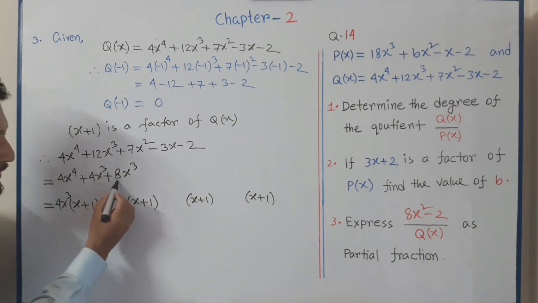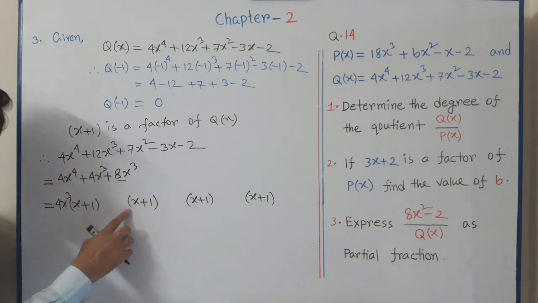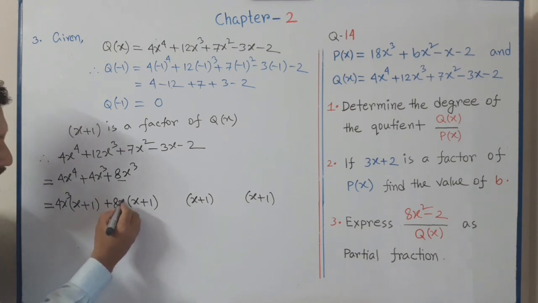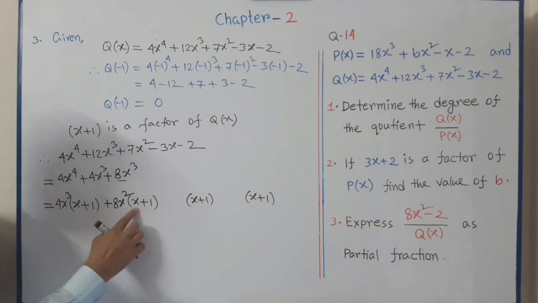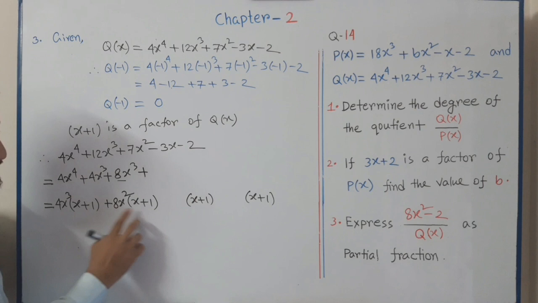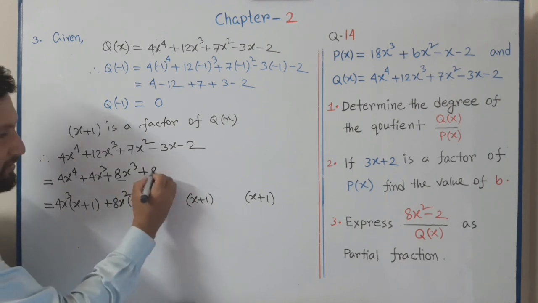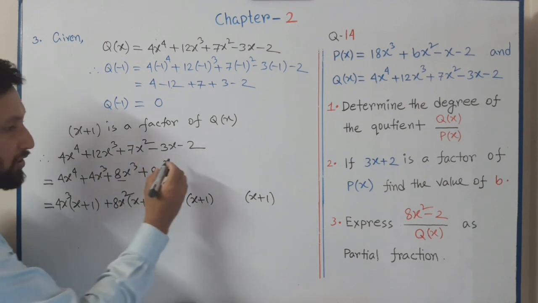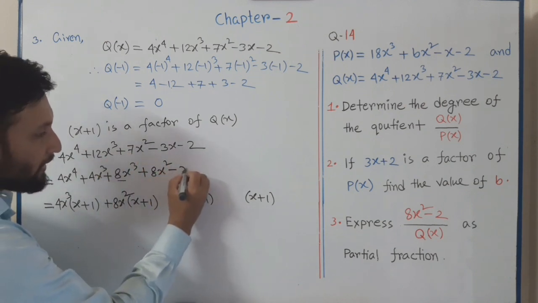Now to get 8x cube from the second factor, we have to multiply by 8x square, because 8x square into x means 8x cube. Then 8x square into 1 means 8x square. But in the first line we have 7x square, so we have to subtract x square.